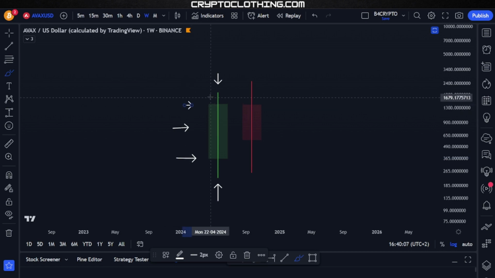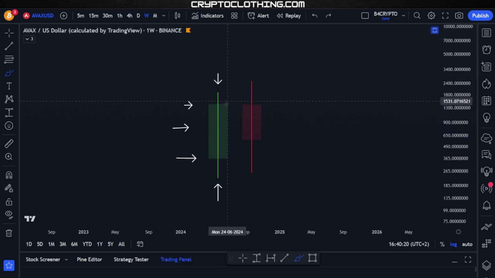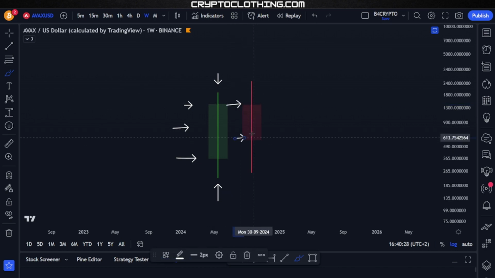And the wick is just giving us the indication that the price movement went from the top of the range all the way to the downside, and we could see that the candle closed exactly here. But if we look at the red candle, the red candle opens at the top and closes at the bottom, and we could see that the price movement went all the way to the top of the range indicated by this wick, and also all the way down to the bottom of the range with this wick at the bottom.